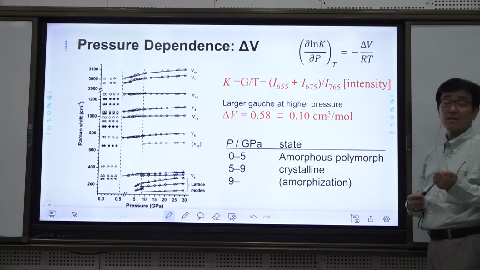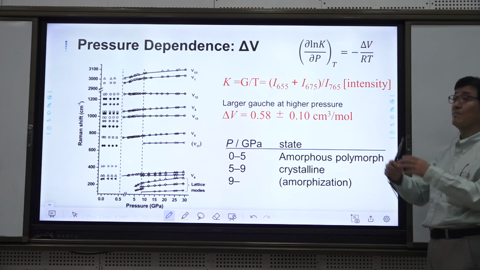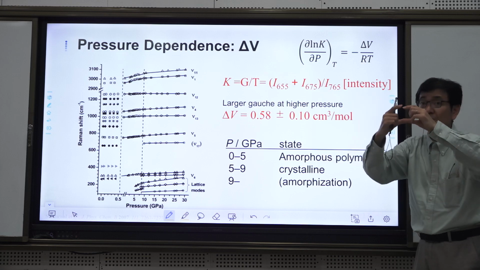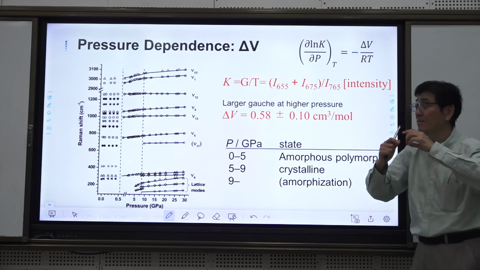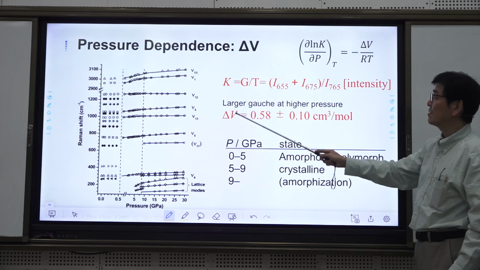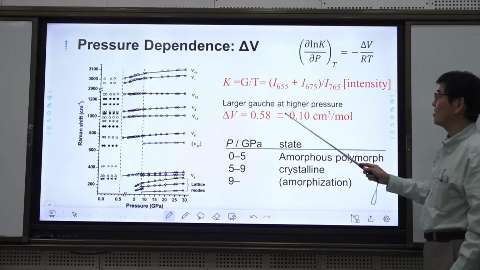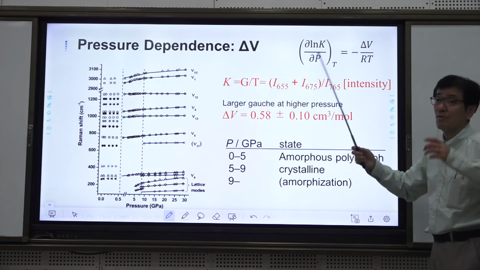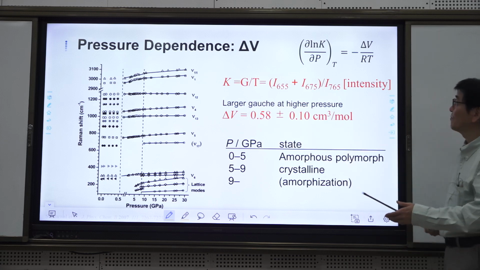So considering Le Chatelier's principle, the smaller volume molecule increases at high pressure. So the delta V is 0.58 cubic centimeter per mole, and the gauche form has a smaller volume in the neat liquid.